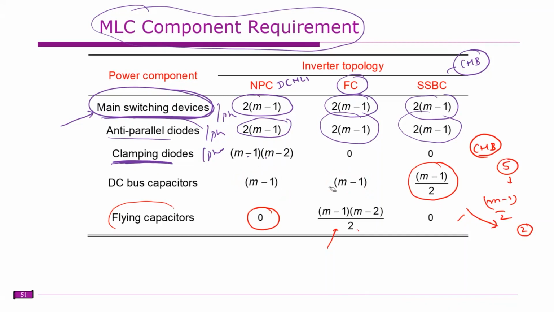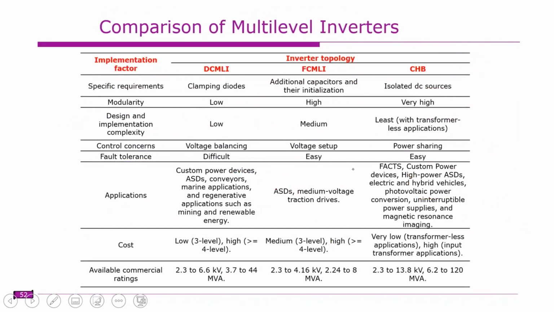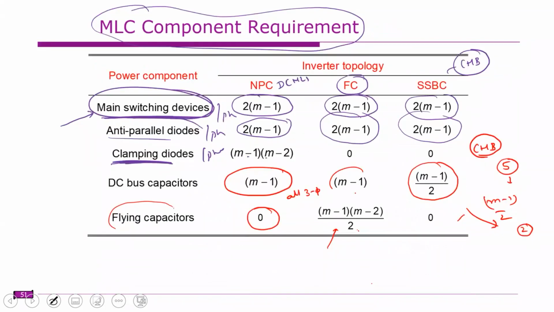So the meaning is, this entire thing is common to all 3 phases. This is also common to all 3 phases. Whereas this one is a per phase requirement.